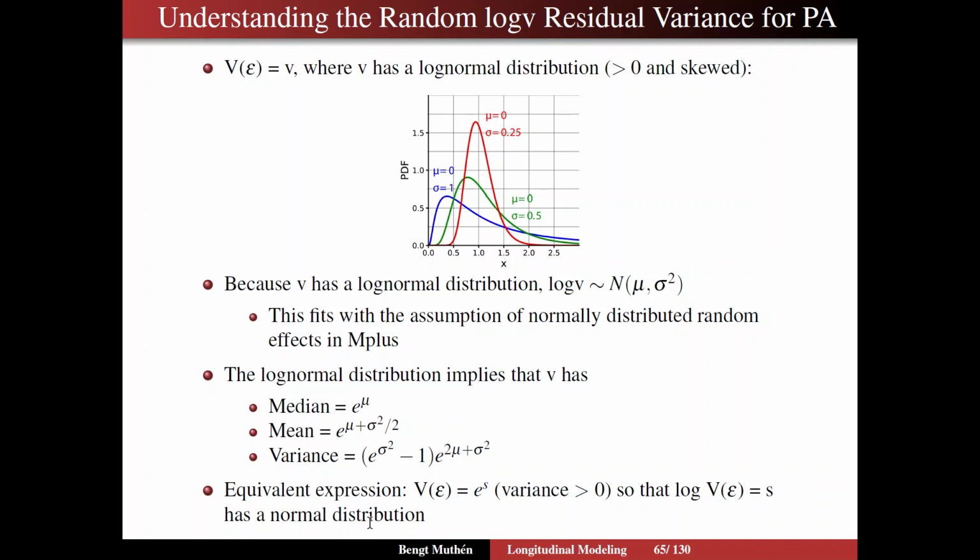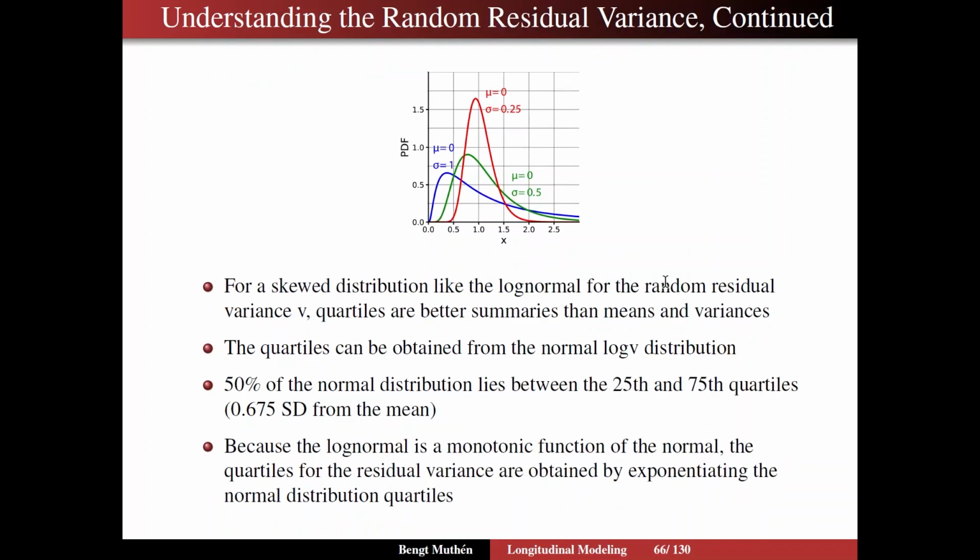So that's another way of expressing it, except I think it's a little clearer to say that we make an assumption about the distribution of v, that it has a log normal distribution, and therefore the log v gets a normal distribution. All right, let's go a little bit further here.